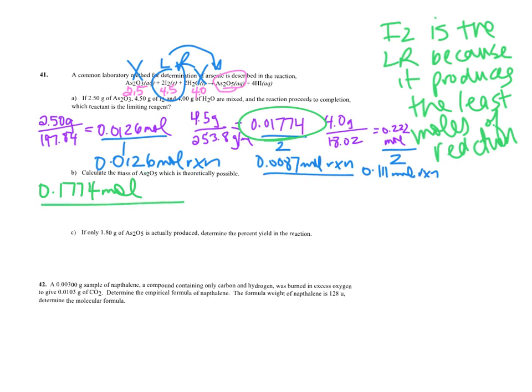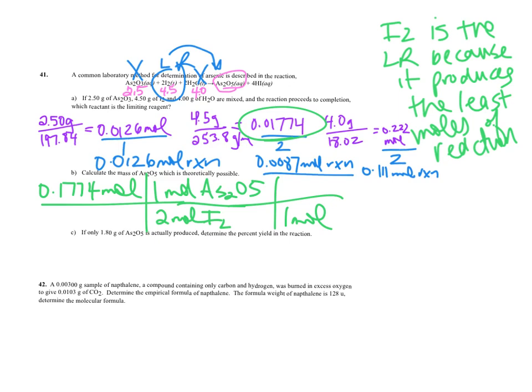And we're going to go, okay, so for every 2 moles of I2, I have 1 mole of As2O5, and then for every 1 mole of the As2O5, I have 229.84 grams. That's going to give me a final gram value of 2.04 grams. That is my theoretical yield because I did math to get there.